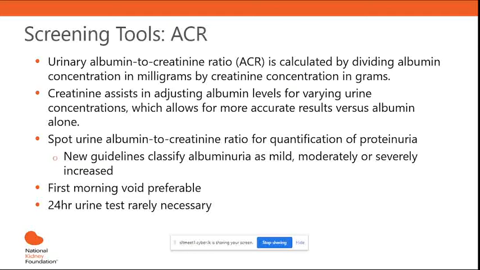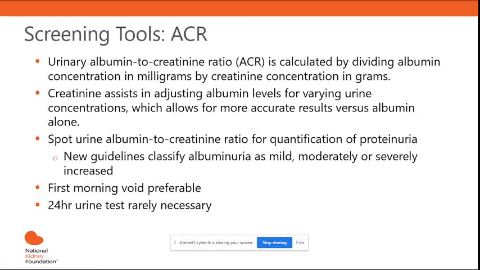The creatinine assists in adjusting the albumin level for varying urine concentration, because the urinary albumin concentration varies according to the time of the day and depending on your fluid intake. To correct that, we check the creatinine and divide the albumin by the creatinine. So this allows a more accurate result versus albumin alone.